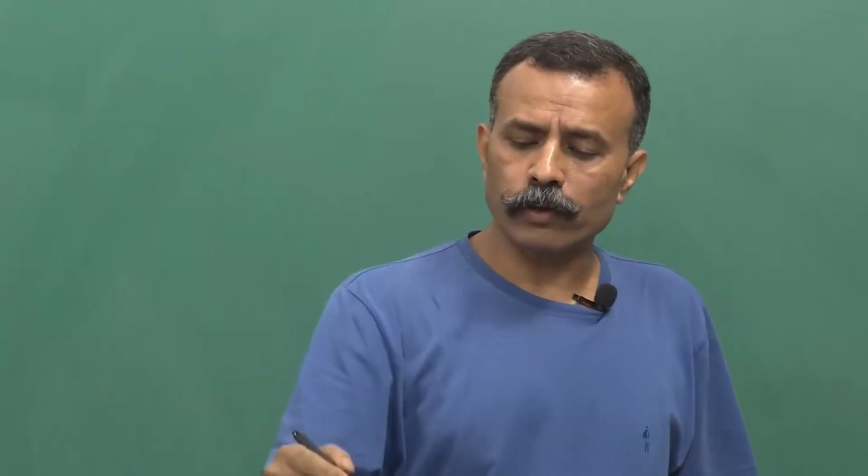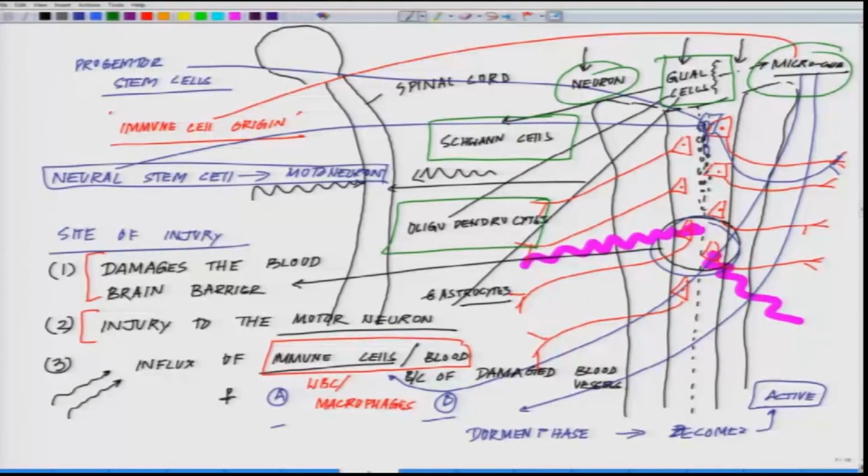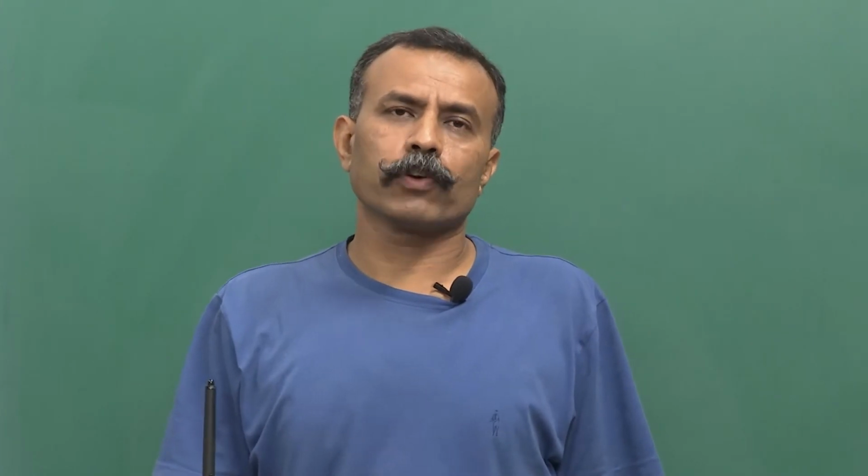We have talked about neurons, we have talked about microglial activation, which may lead to worsening the conditions of spinal cord injury, and then we are left with the glial cells, where we will be talking about the Schwann cells and how they myelinate. We will talk about the oligodendrocytes, how they myelinate, and how some of these things lead to multiple sclerosis. So thank you, and thanks for your patient listening.